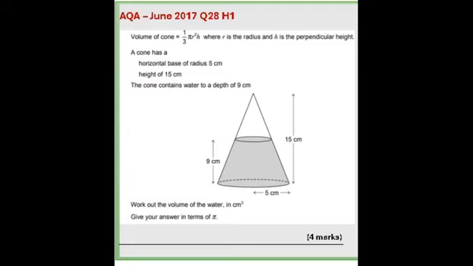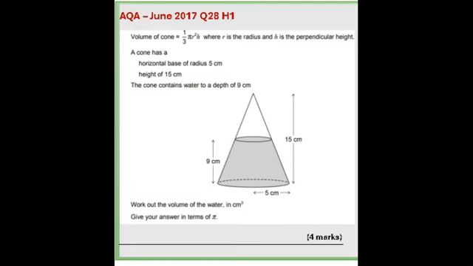There is a cone that is filled with water up to some height. So the gray part is the part filled with water, and you are asked to find the volume of that gray part, which is the water that you put in the cone.